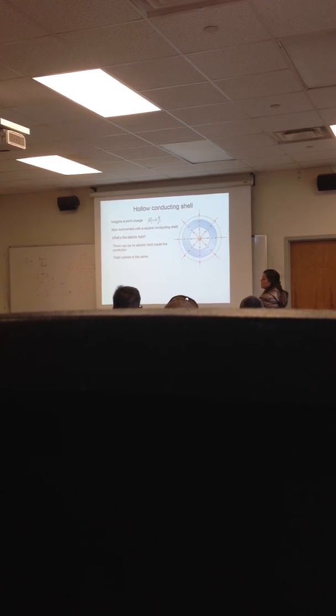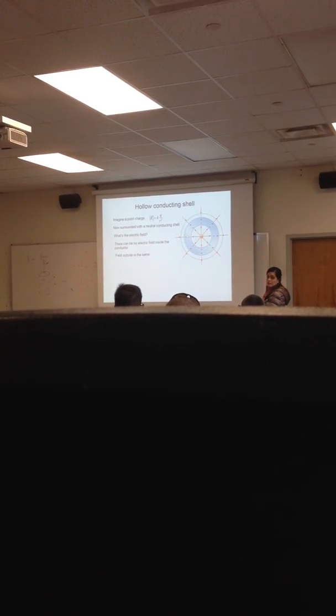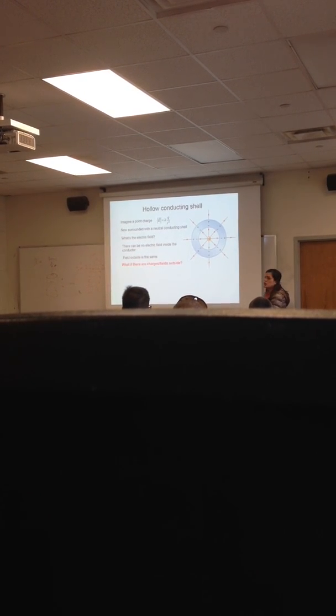Again, with a Gaussian surface here, no electric field whatsoever. Plus and plus and negative cancels out. Electric field here, same thing. Good. So what if there are charges or fields outside?